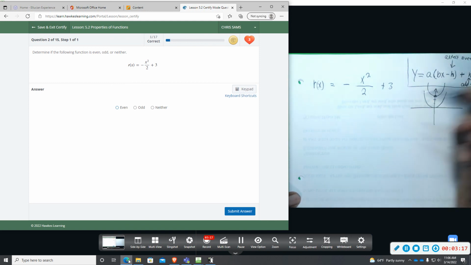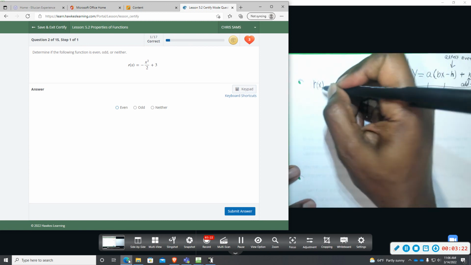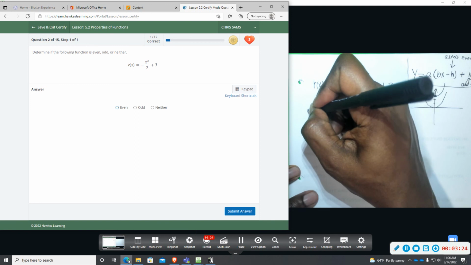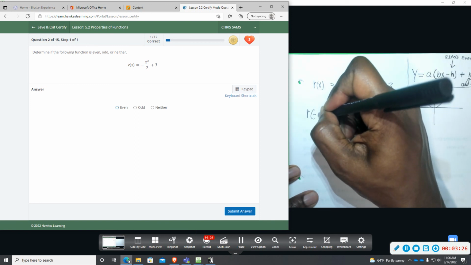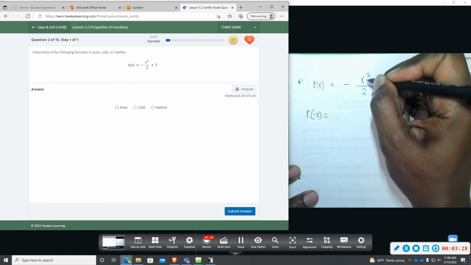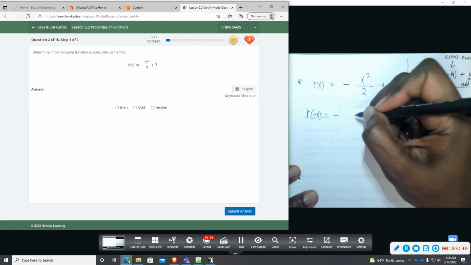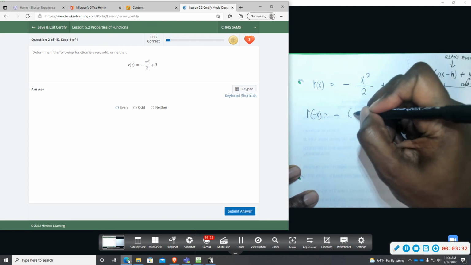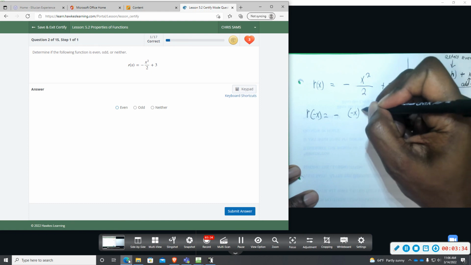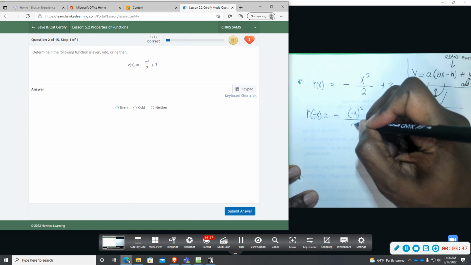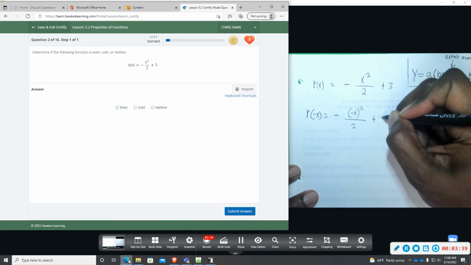Okay, but let's see it with algebra as well. So we have our r of x. We're going to do r of negative x, which just means I'm going to replace the x with a negative. So I have a negative out front, and then instead of x, it's going to be replaced with a negative x, still squared, over 2 plus 3.